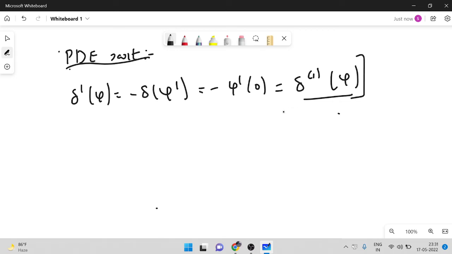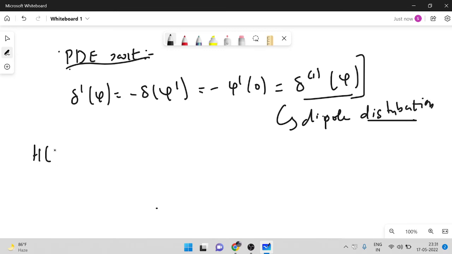This derivative of the Dirac distribution is called the dipole distribution. This also cannot be generated by any measure.